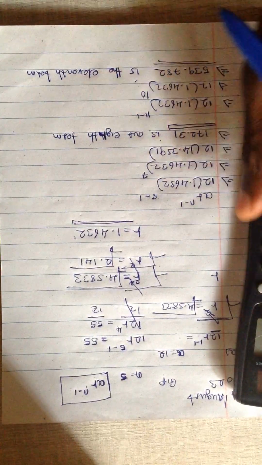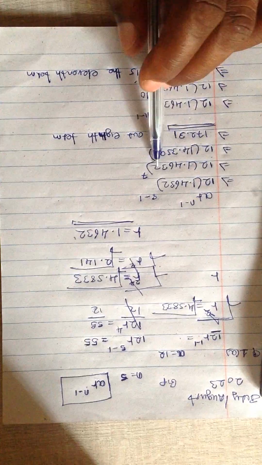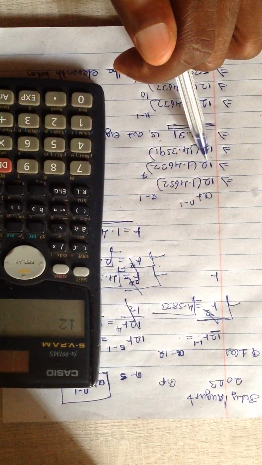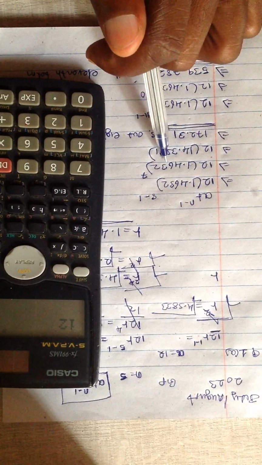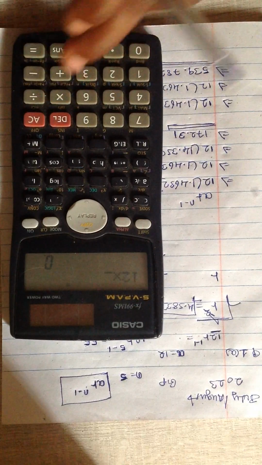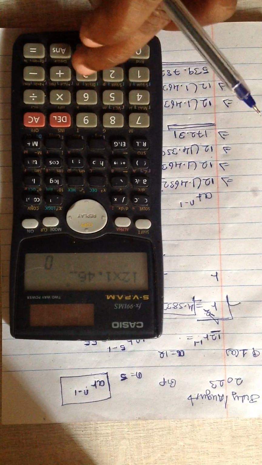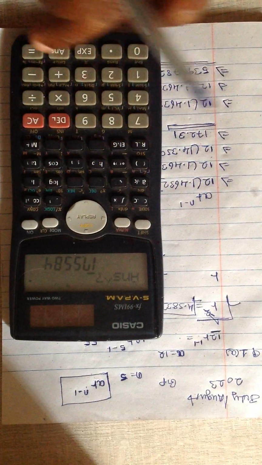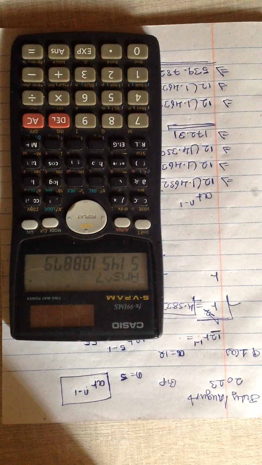Okay, what if you reach this stage here, then you multiply 12 by 1.4632, then you raise power 7? This is what I mean. 12 by 1.4632, you have this, then raised power 7. Have you seen what you are getting? So you are supposed to follow step by step. Don't try by all means to rush.